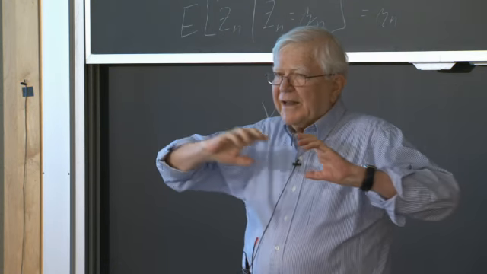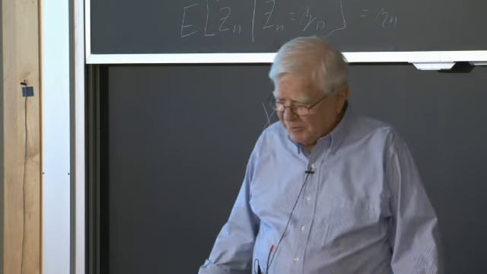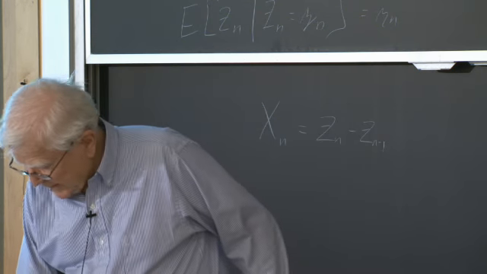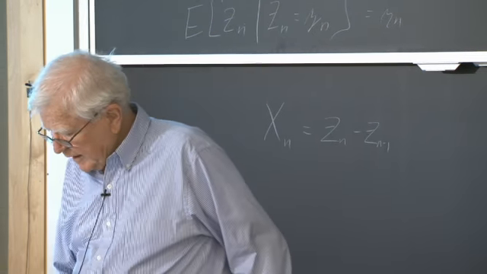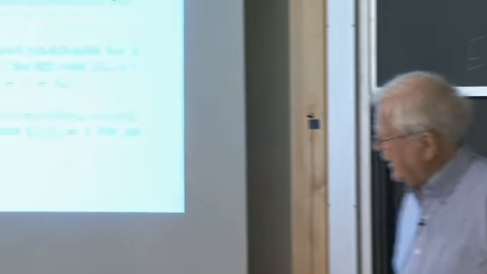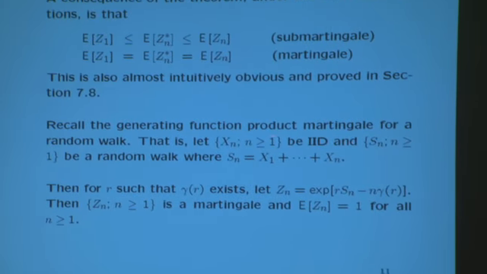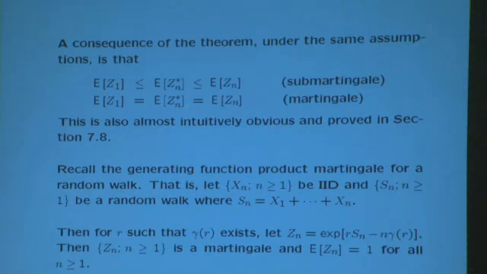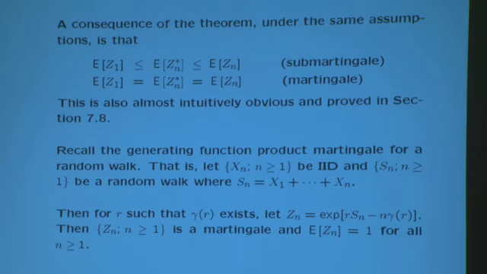It can't grow any faster than the original process. This is also almost intuitively obvious, and it's proven in section 7.8, so you can find it there. It's quite a bit easier than the proof I just went through. The proof I just went through was a fairly difficult and fairly tricky proof.